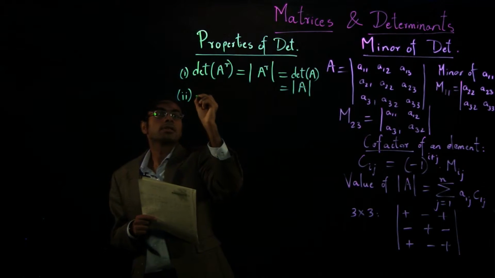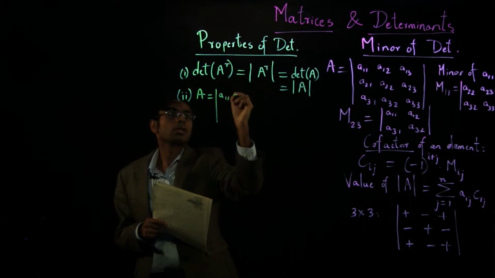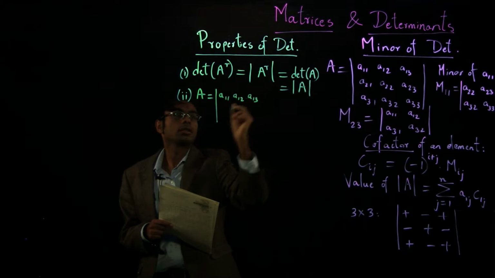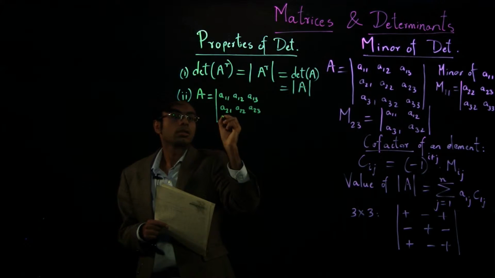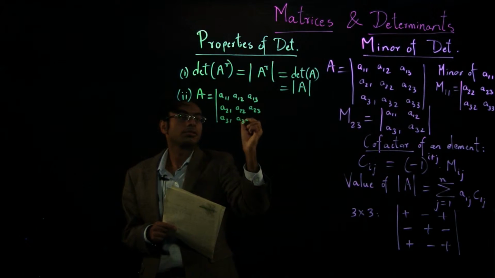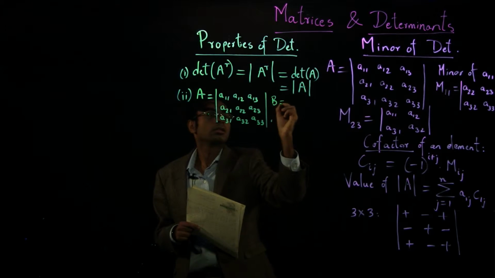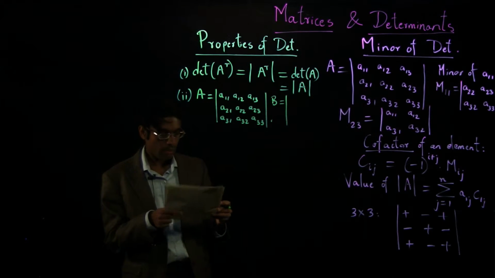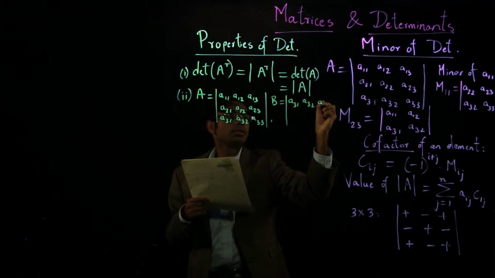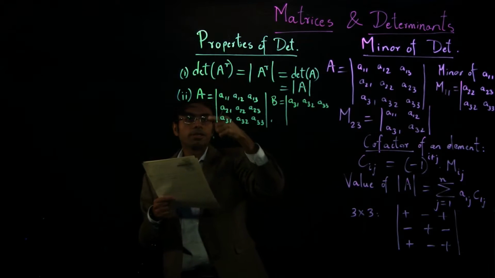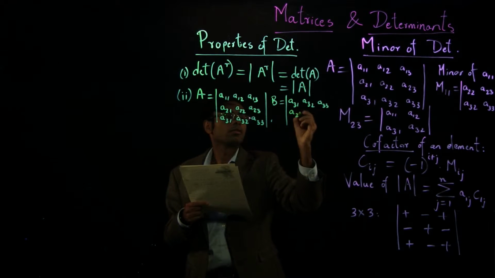So let's say, for example, A equals A11, A12, A13, A21, A22, A23, A31, A32, A33, and then B equals A31, A32, A33. So what I'm doing is I'm flipping these two rows, keeping the middle one the same.